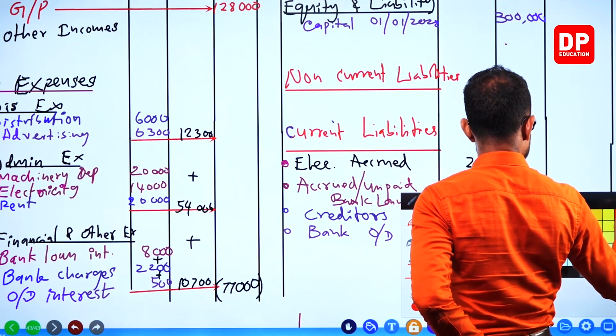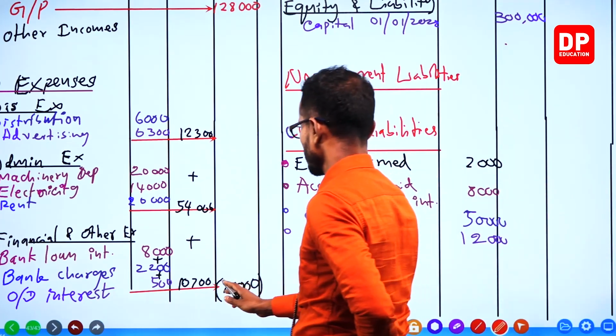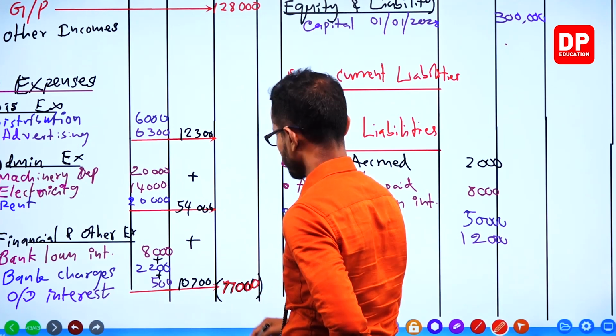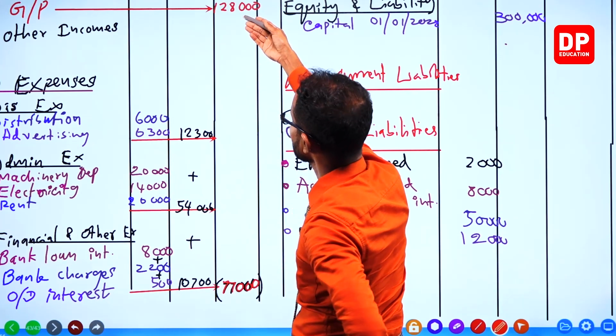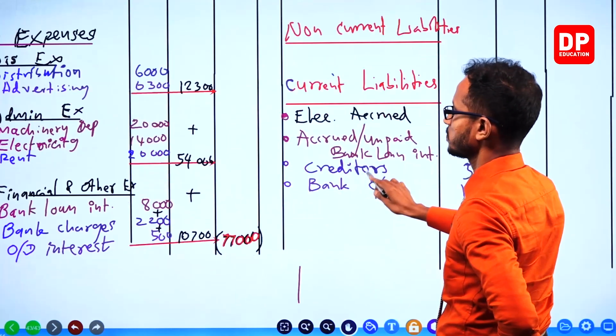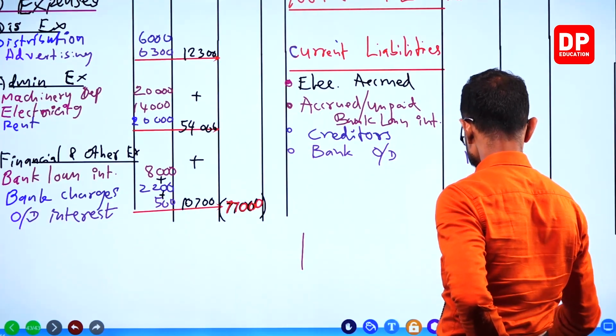Total expenses must be subtracted from this gross profit. 128 minus 77. How much is it?